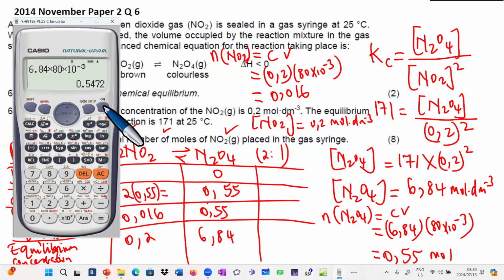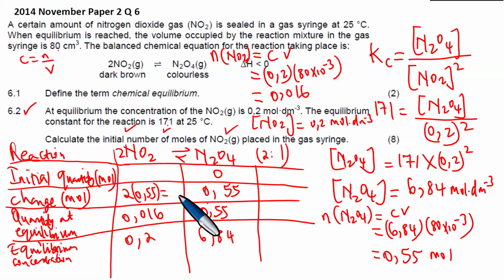So we're going to do 2 by 0.55. This one here is 1.1, approximately 1.1.